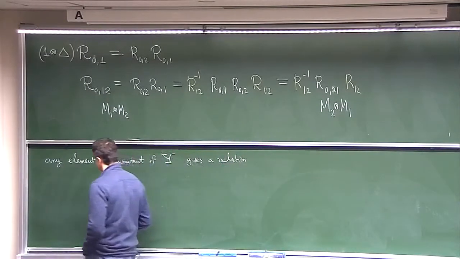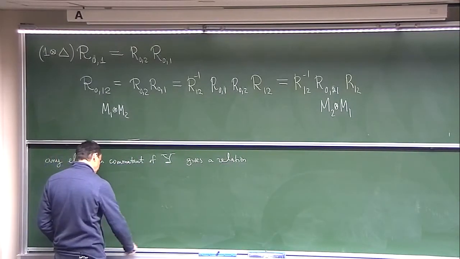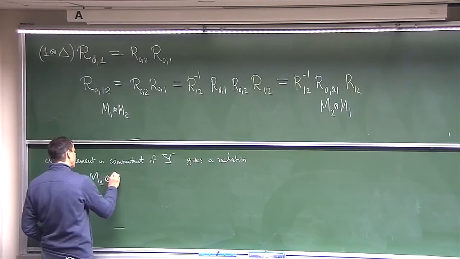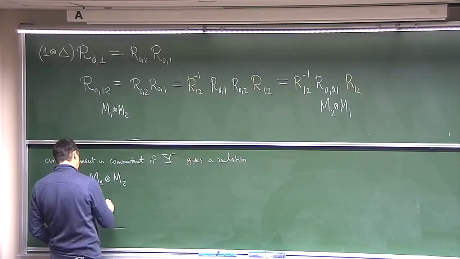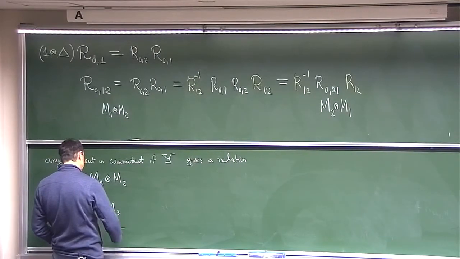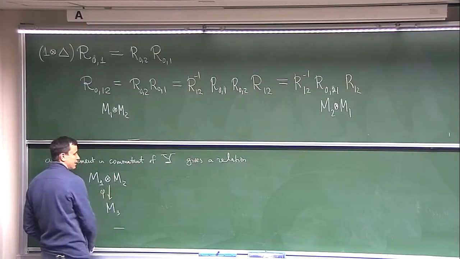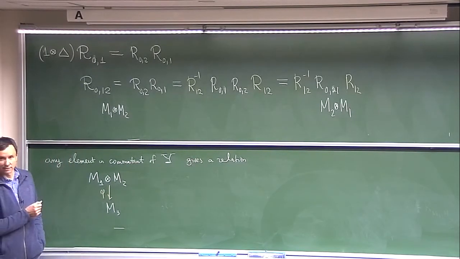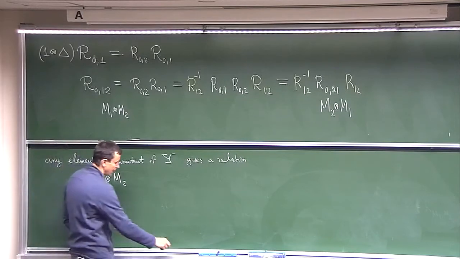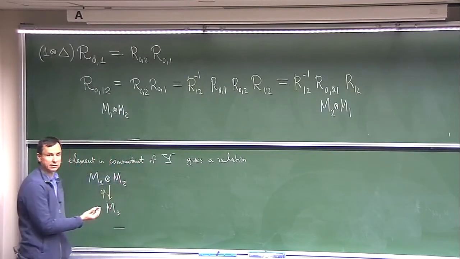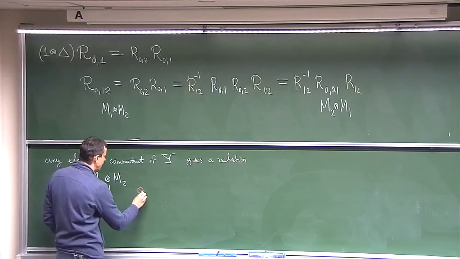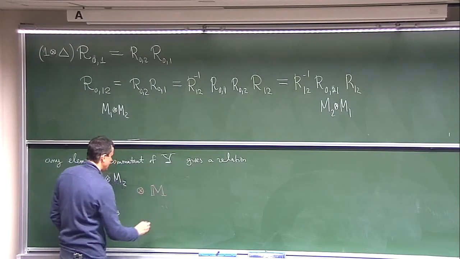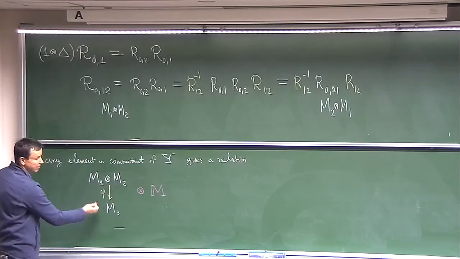So suppose I have some map, we call it M1, just for the sake of the argument, with some map phi going to some M3, which is an intertwiner. This means I can take this. What does it mean? That if I take this guy and I tensor it with anything else, then this map commutes with all R matrices.